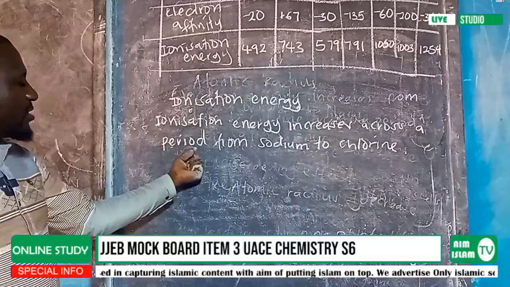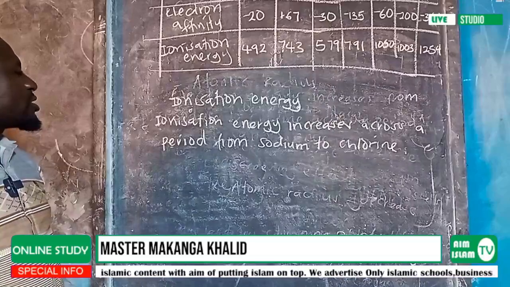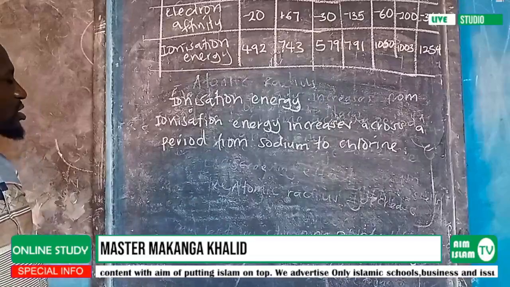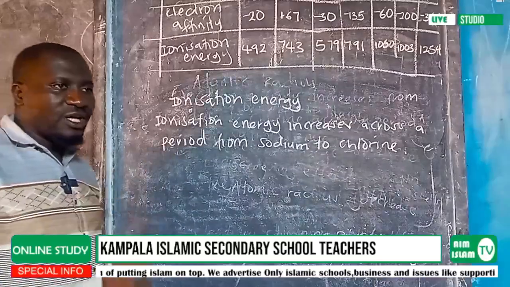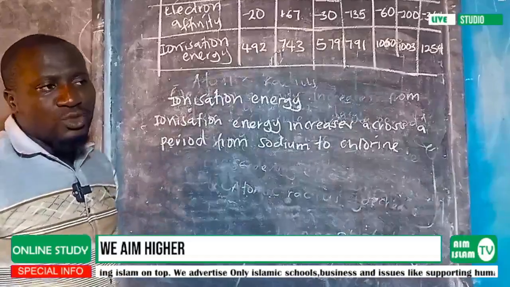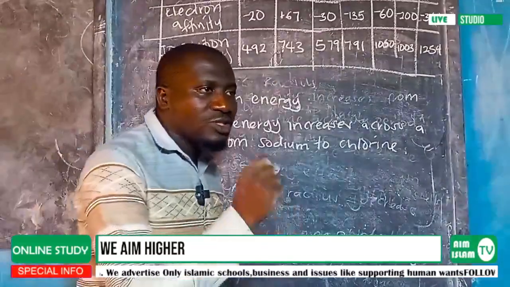What brings about the increase of the ionization energy across the period from sodium to chlorine? This is because, one, the nuclear charge is increasing due to the increase in number of protons from sodium to chlorine.